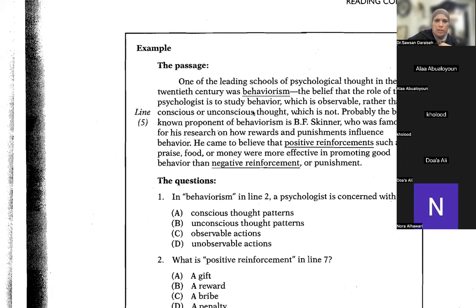Rather than conscious or unconscious. يعني مش معنية هاي المدرسة بالconscious.